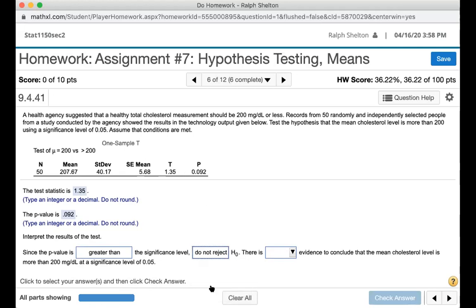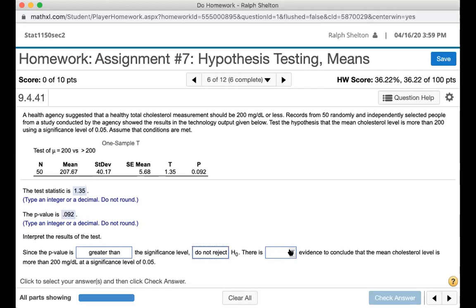Because we have to be below this probability on our sample before we can reject the null and say that's a very, very rare event. We got to be below this probability. We're above that probability. It's not real high, but it's above our threshold. It's above our trigger level, so we can't reject.